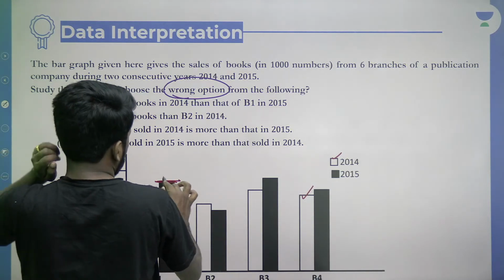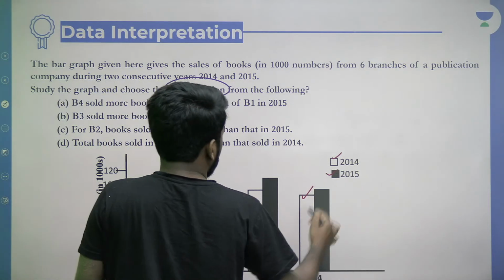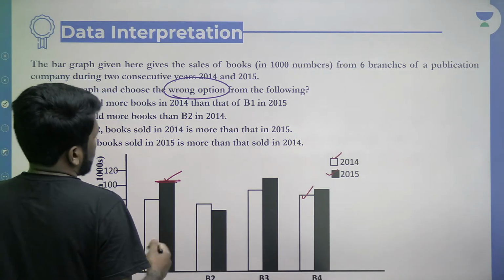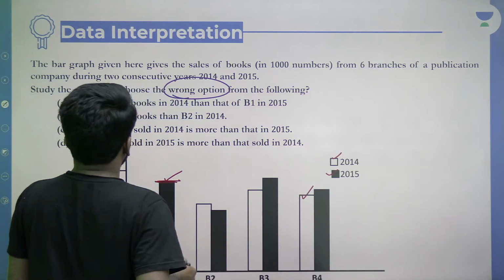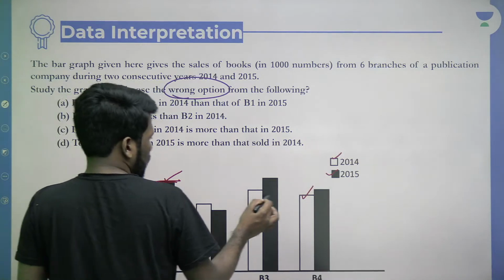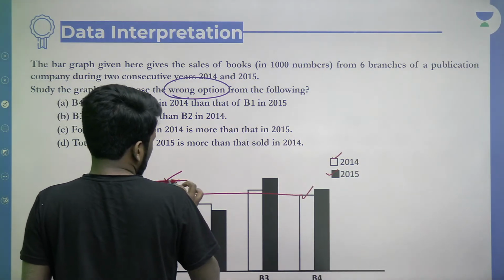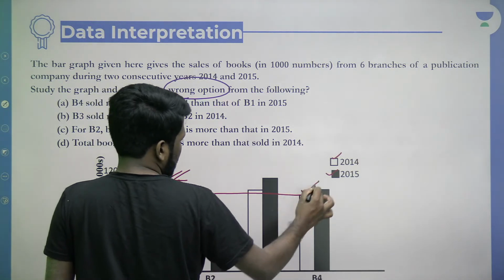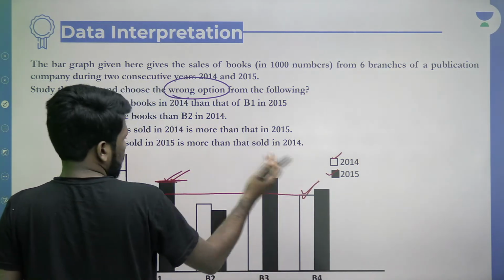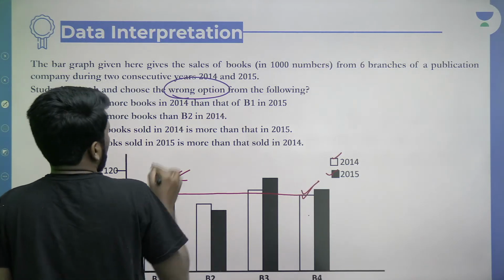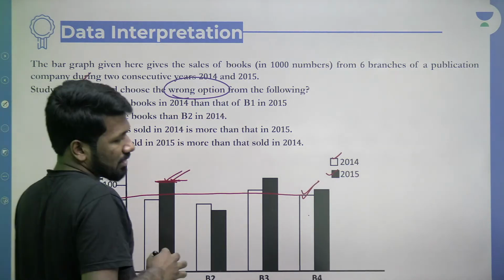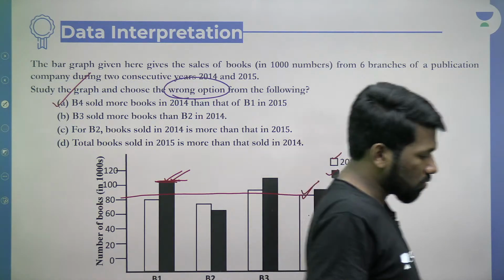B1 in 2015 is this. 2015 is denoted by the dark region. So this is more than this, that is what the question is saying. Is this more? No. Clearly this is less. The height of this is more than this. But question says this is more than this. We need the wrong option. So option A is the answer. Option A itself is a wrong option.